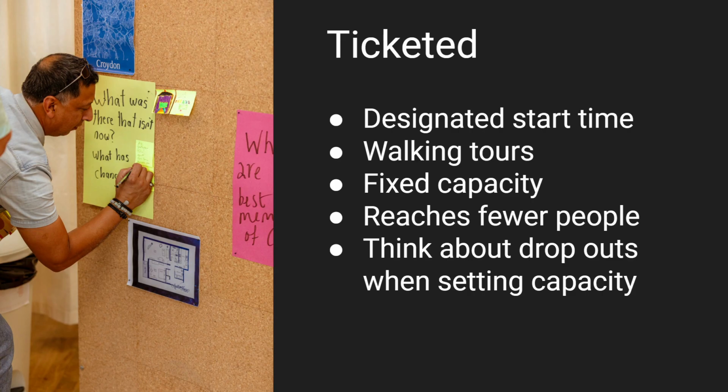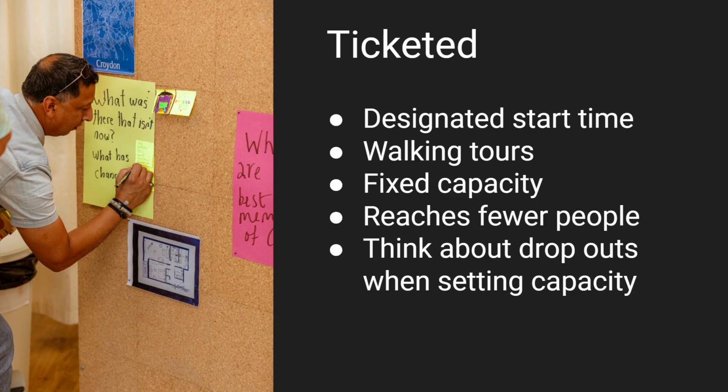The only thing we'd say about those fixed capacities is do think about dropouts when deciding how many places to offer on a ticketed activity. As with all free events, we do get dropouts. We often find about 50% of people who've booked to do something will drop out.